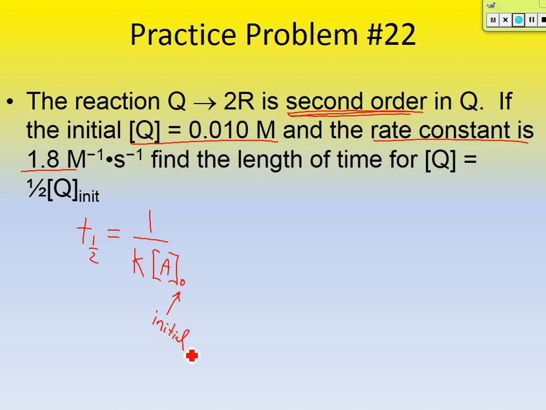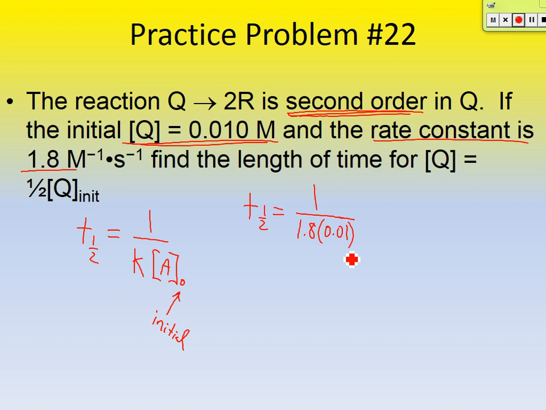All right, now let's plug into that. So t to the 1/2 is equal to 1 over the rate constant was 1.8. Our initial concentration, they told us, was 0.01. Now be careful with your orders of operations here.